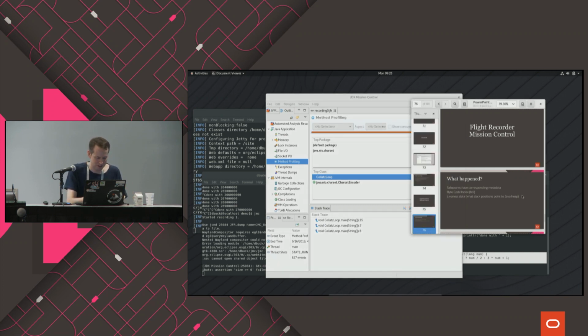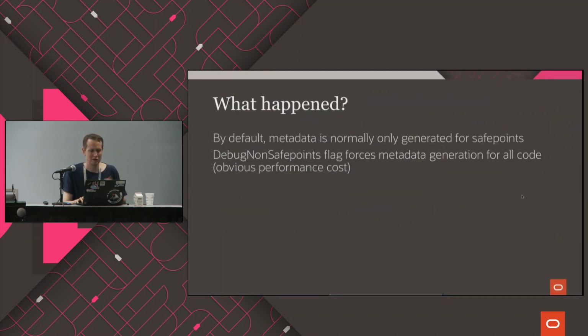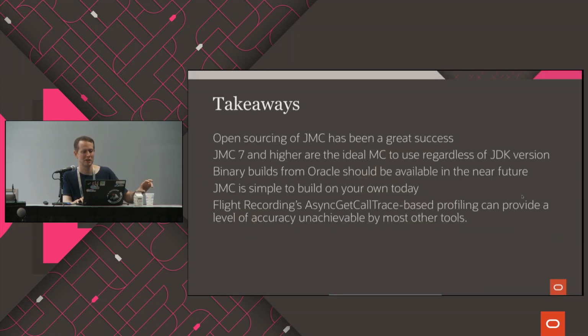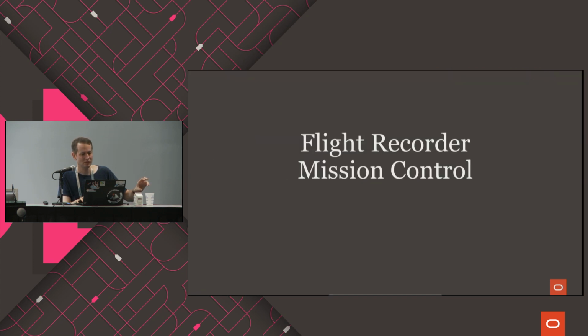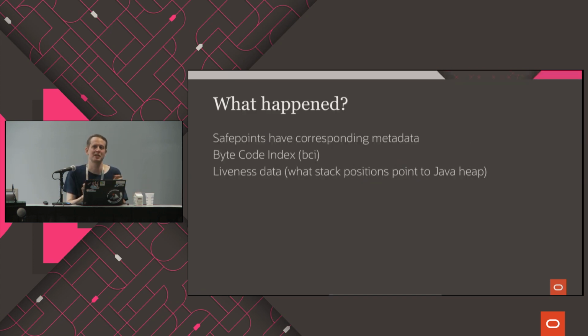What we're missing is that, even though we can stop things without a safepoint, we don't have any metadata for those positions. We can asynchronously stop a thread and look at it, and from its instruction pointer tell what method it's executing, but we don't know how that maps back to Java code at all.